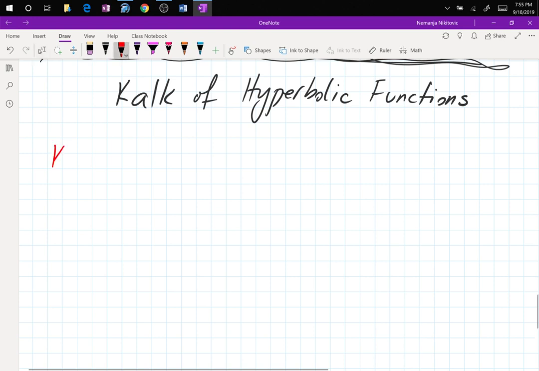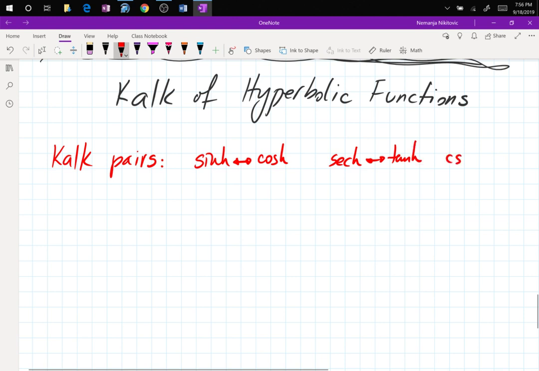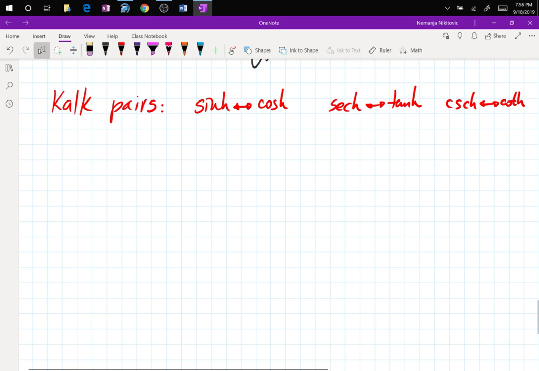So calc pairs sine hyperbolic and cosine hyperbolic, secant hyperbolic with tangent hyperbolic, and cosecant hyperbolic with cotangent hyperbolic. Guys, it's the same pairing as for trig. And now we get to see all 12 calculus equations in one box.